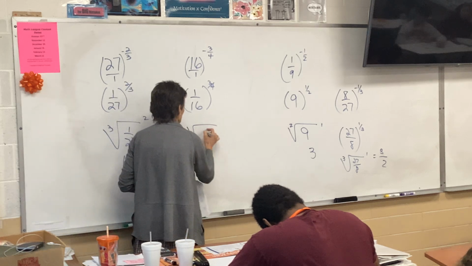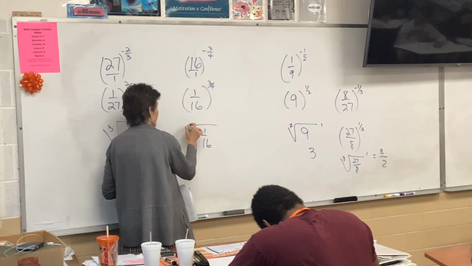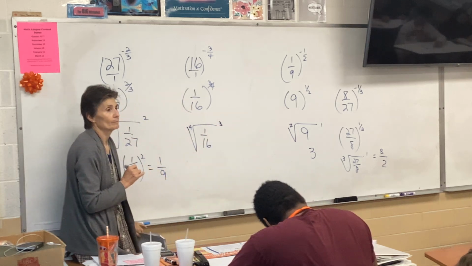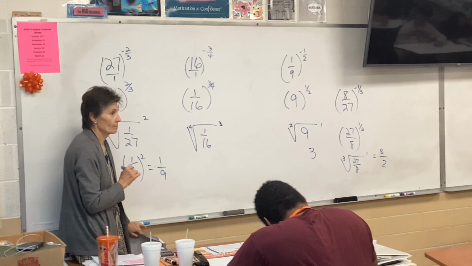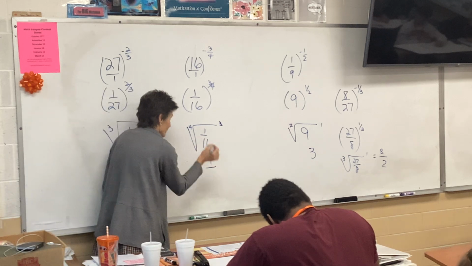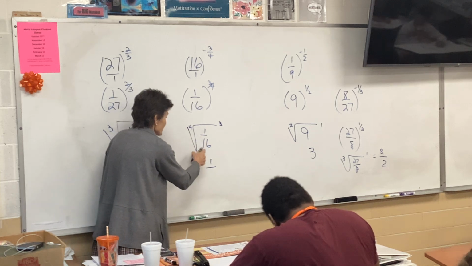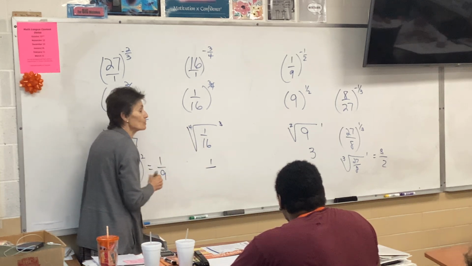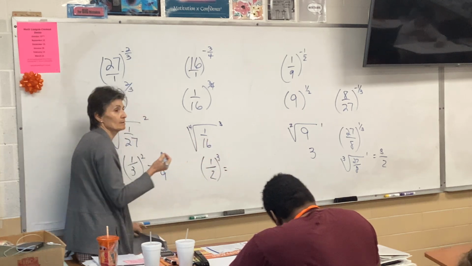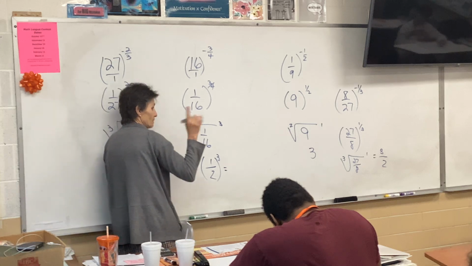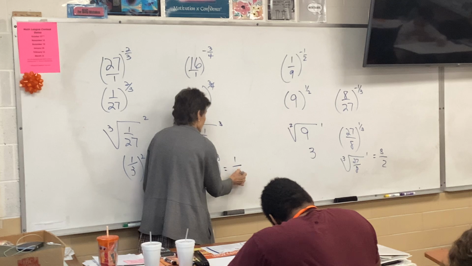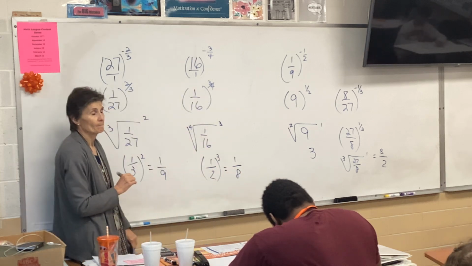So this is a radical, and it will be a 4th root cubed. 4th root of 1. 1. 4th root of 16. 2. But now I have to cube it, so I'm not done yet. What's 1 cubed? 1. And 2 cubed is 8. 1/8 is the answer.